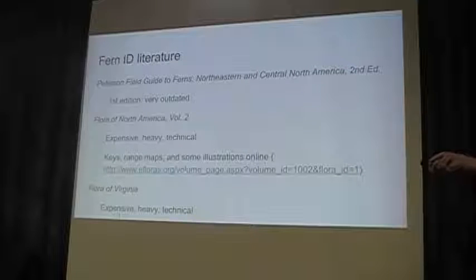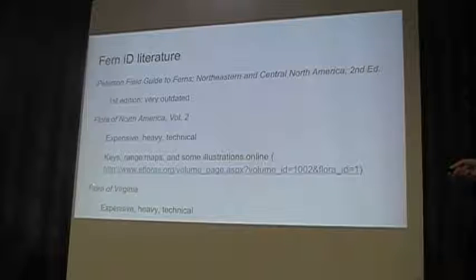So the range maps especially, and sometimes the line drawings are pretty useful. So you can go to this website, or you can Google it, like eFlora, Flora of North America, and the genus or species name, and it'll usually bring it up, and then you can see the range map, or if it has a line drawing, you can see that.